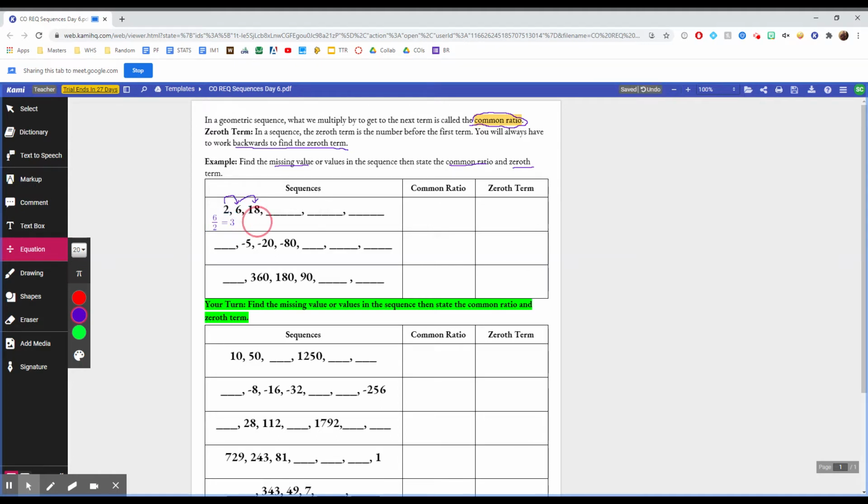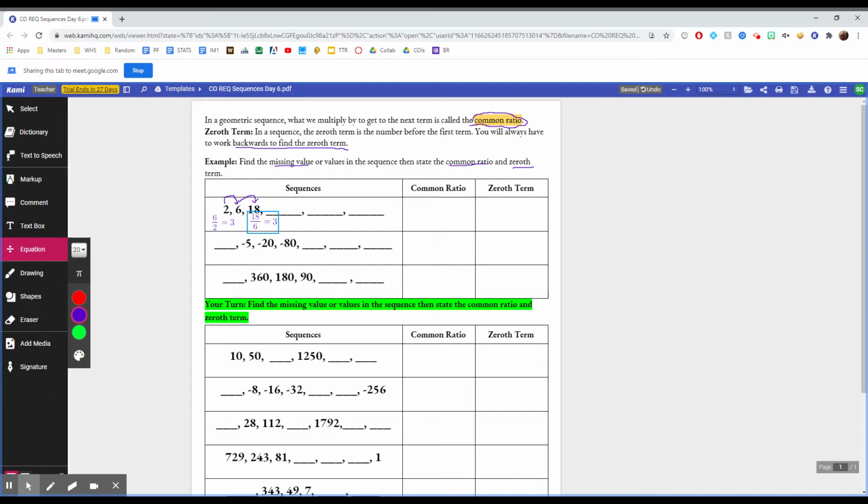Let me do the same thing with 18. So I have 18 divided by the previous number, in this case the 6, and 18 divided by 6 gives me 3.